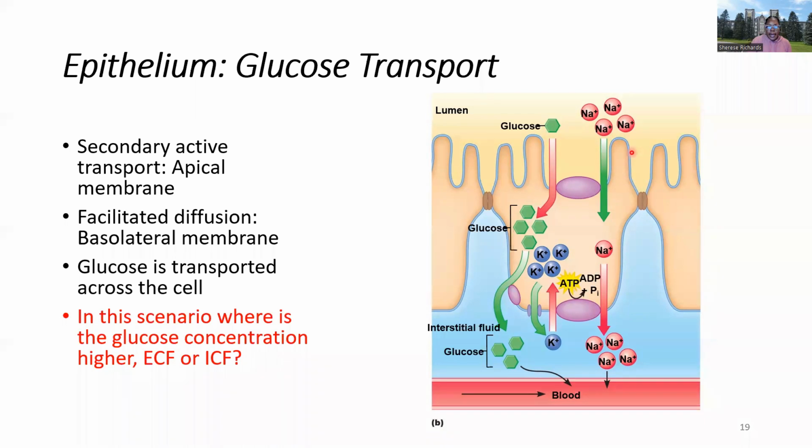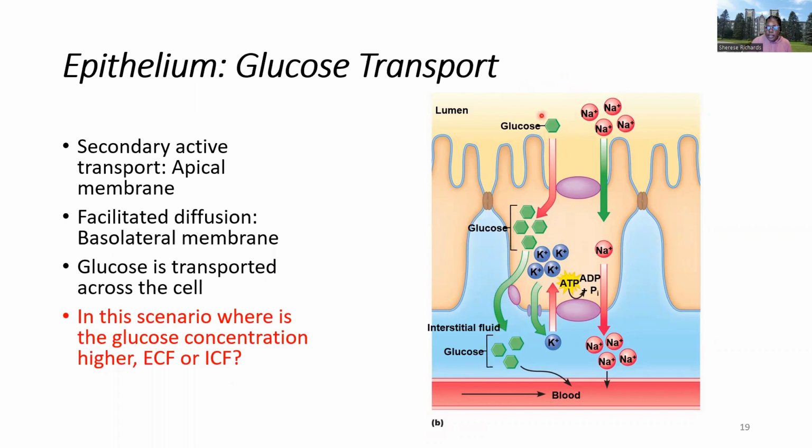And then we talked about the concentration gradients for glucose. So the prompt question here is, in this scenario, where is the glucose concentration higher, ECF or ICF, right? And so basically, because of the passive movement, we know that glucose is higher inside the cell.